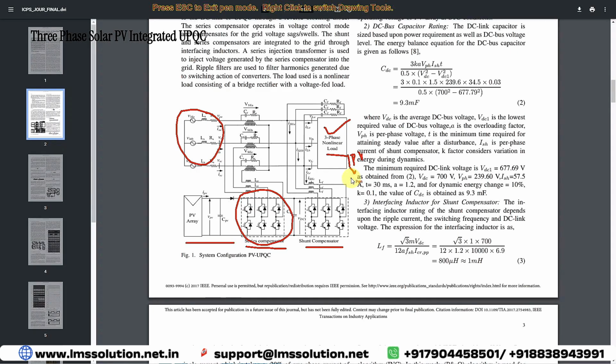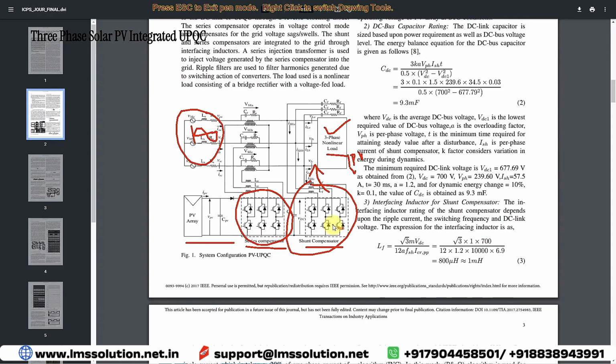We need to make the source current sinusoidal. For that, we have to use the shunt compensation. The shunt compensation supplies some reactive power current to compensate the reactive power in this system. That's why it makes the input current sinusoidal during nonlinear load condition as well as unbalanced load condition. The source current is always sinusoidal because of this shunt compensation.